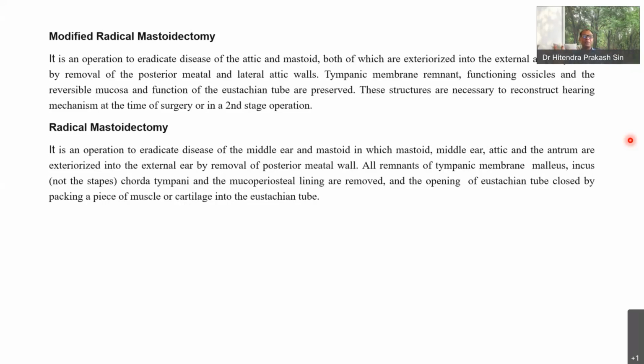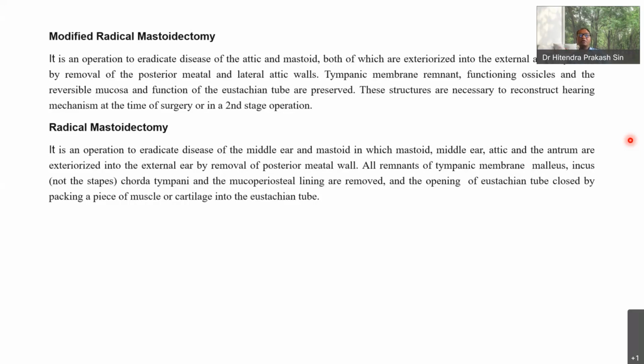So in modified radical mastectomy, we eradicate all the disease from the mastoid and attic. Both are exteriorized into the external canal by removal of posterior meatal and lateral attic walls. We take all the functioning ossicles, remnants of the tympanic membrane, the mucosa which is reversible.